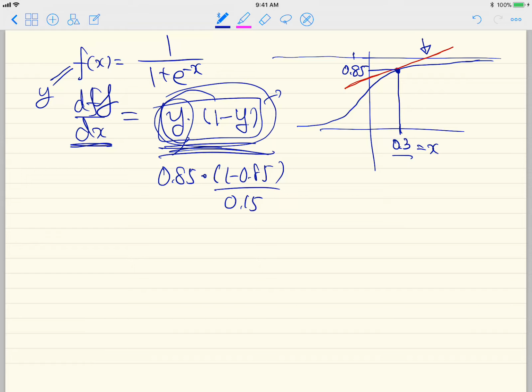Okay, so it's basically the multiplication of two numbers that are less than 1, right? Because the function value itself ranges from 0 to 1 in the case of sigmoid, and thus this representation is just the multiplication of two numbers that are between 0 and 1.